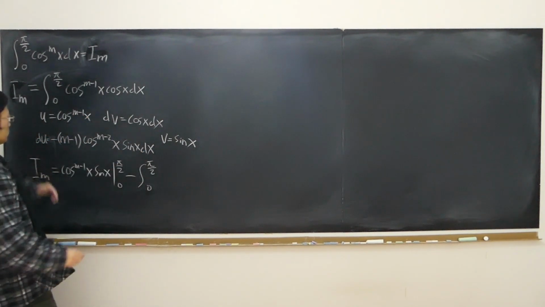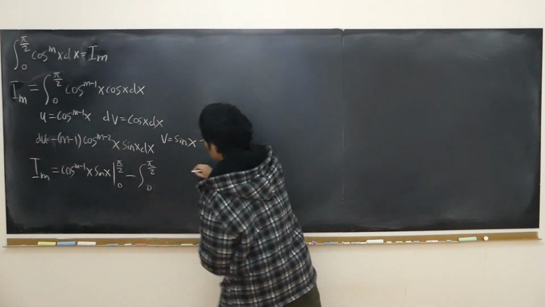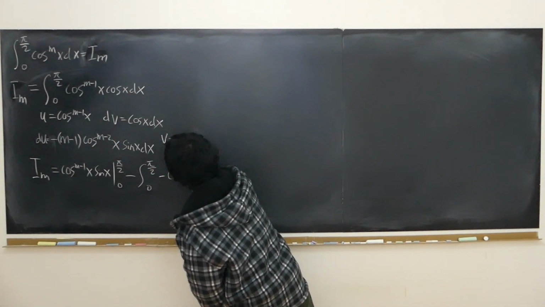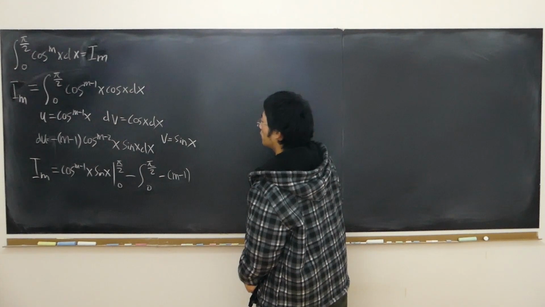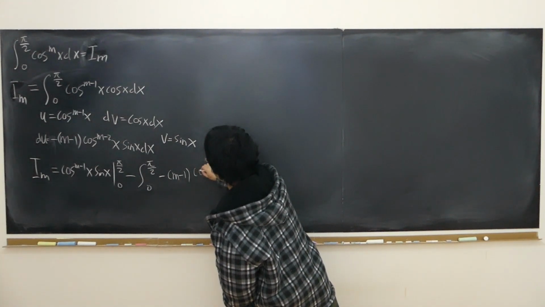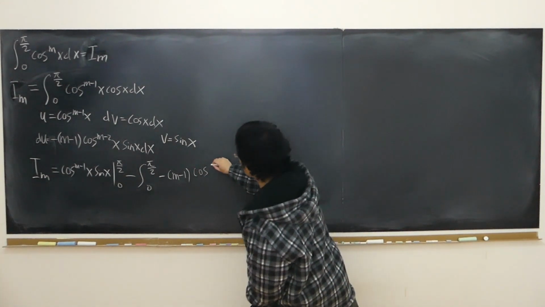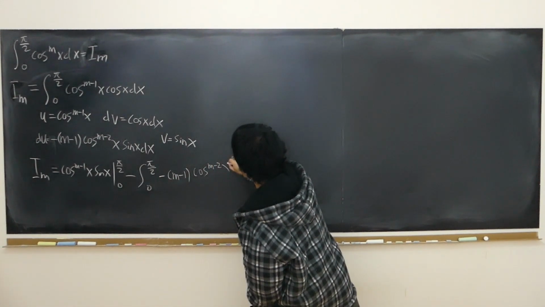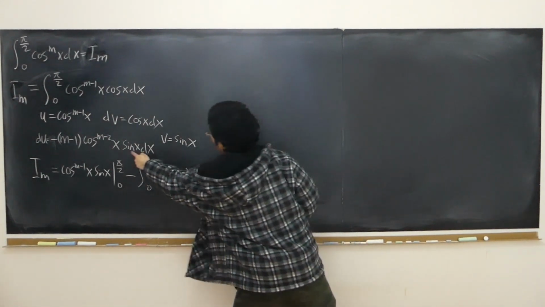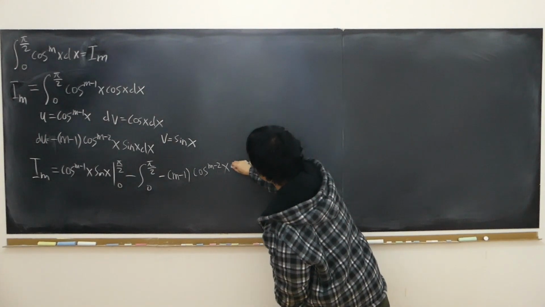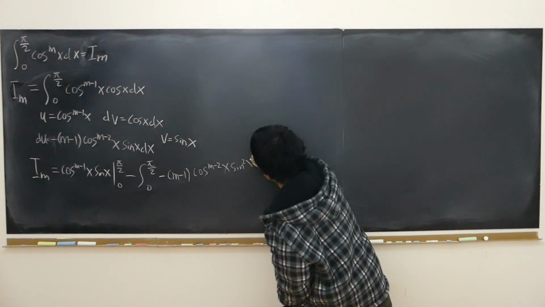Maybe just write this as minus m minus 1 cos to the power of m minus 2 x sine x times sine x, sine square x dx.